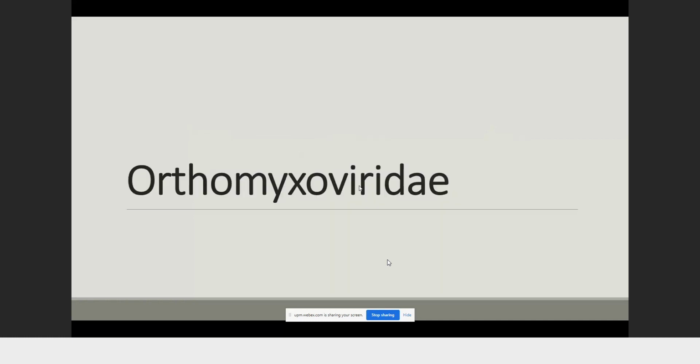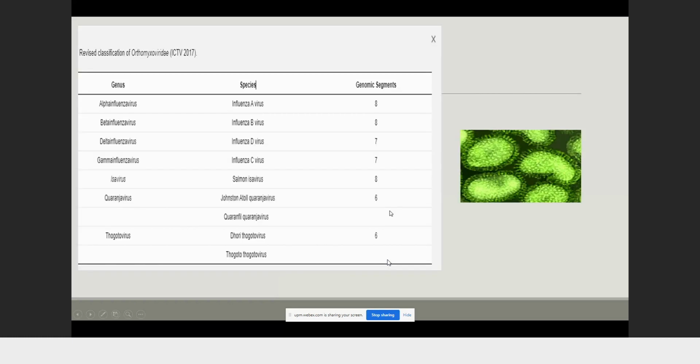So this influenza virus falls under the category of the Orthomyxoviridae family. Based on a recent classification by ICTV 2017, Orthomyxoviruses are further classified into 7 genera. Previously it was just 4 or 5 genera, if I'm not mistaken.